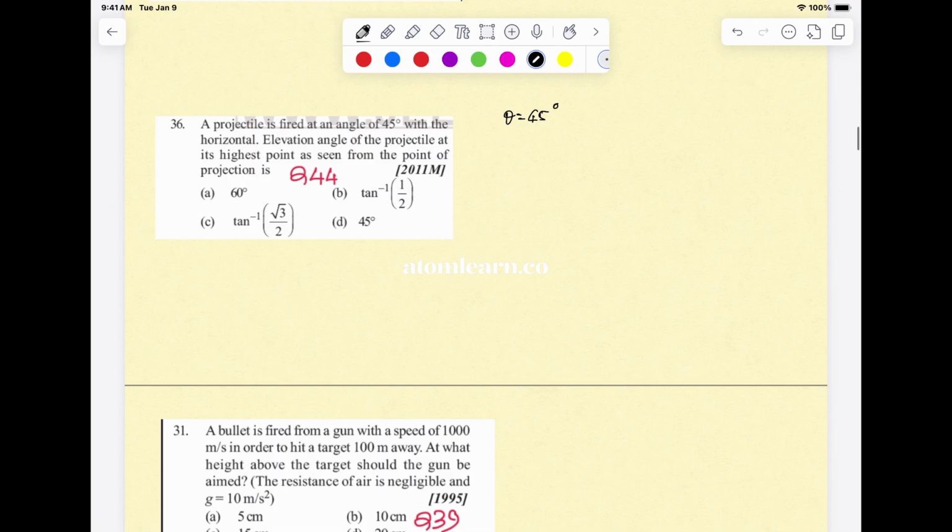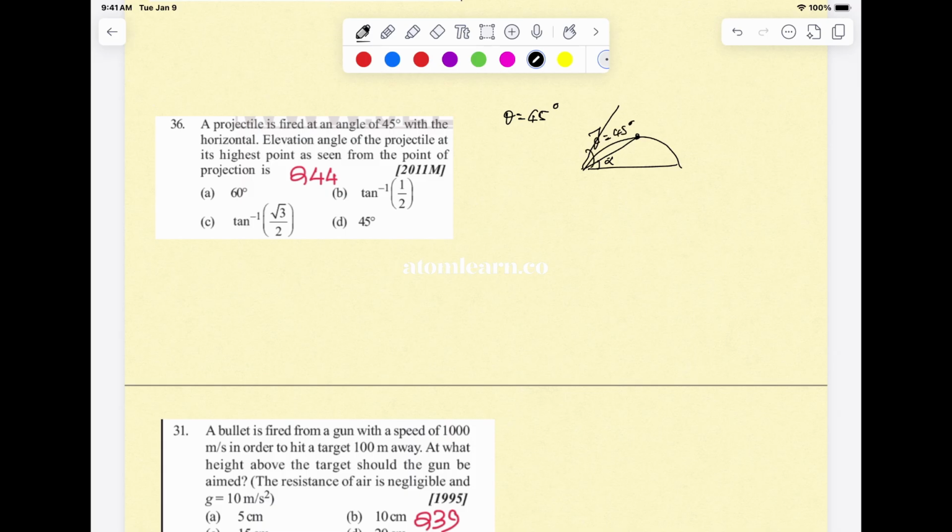The figure is like this. This is a projectile, and the elevation angle at the highest point, this is alpha. The projection angle is theta equals 45 degrees.